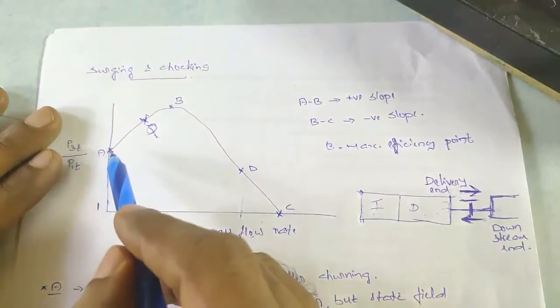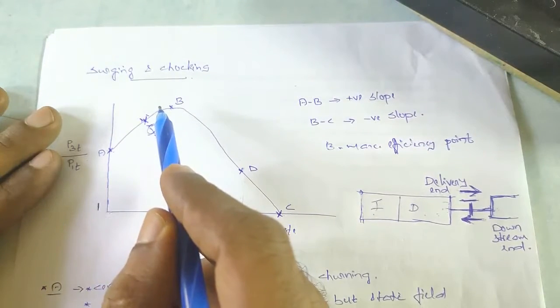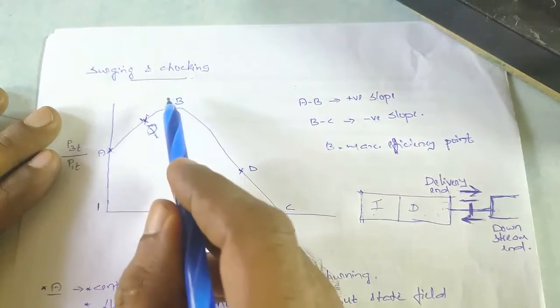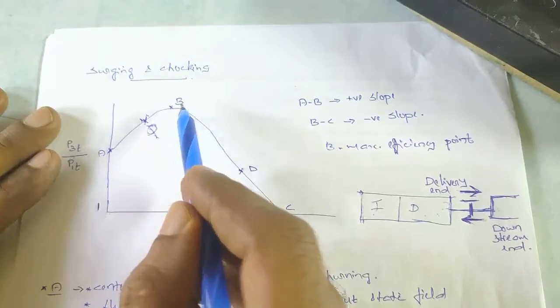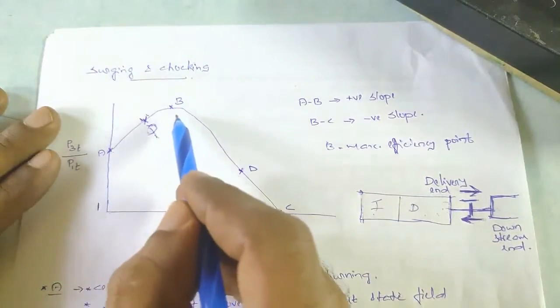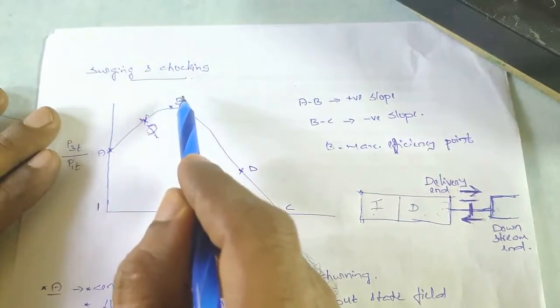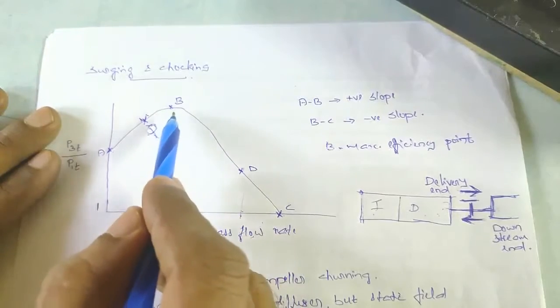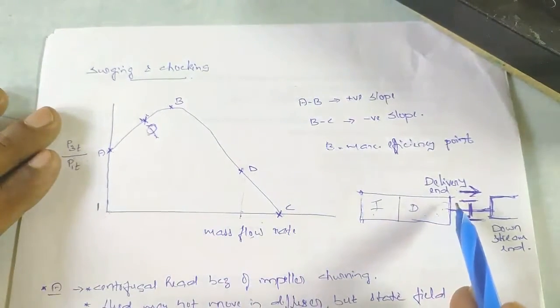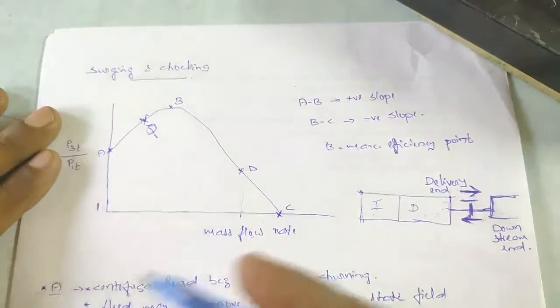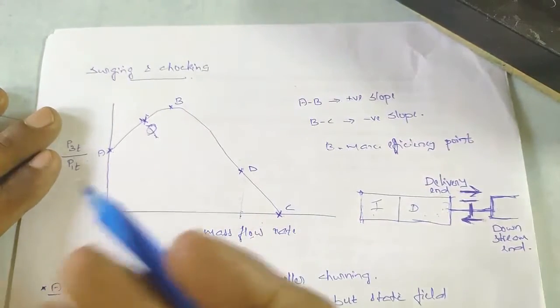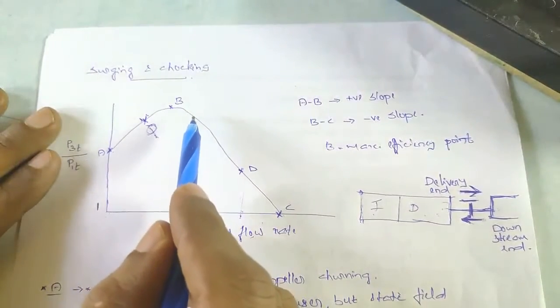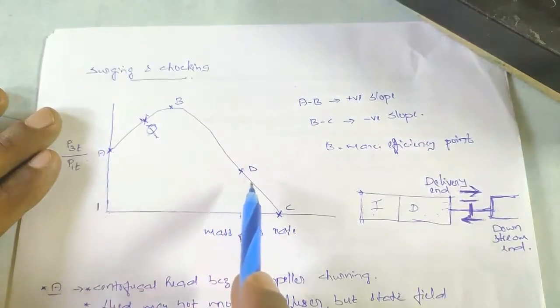That's why the pressure ratio is increasing. But at a point B, for a particular position of the delivery valve, the pressure ratio will be maximum, and from there, when the delivery is opened more and the mass flow rate is increased, the pressure ratio keeps on decreasing.